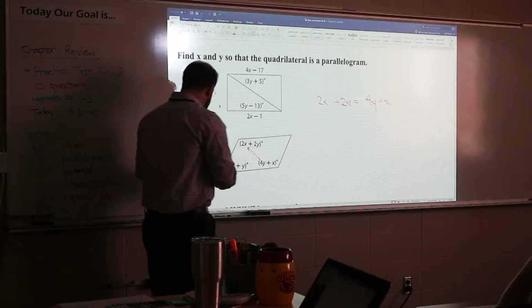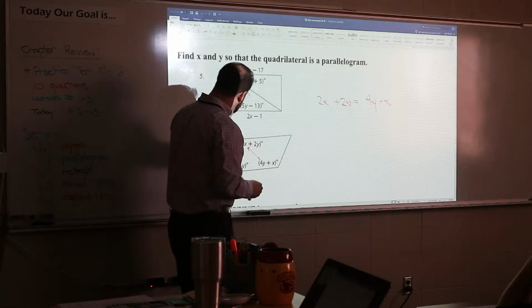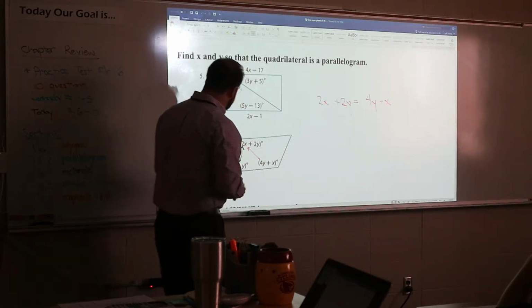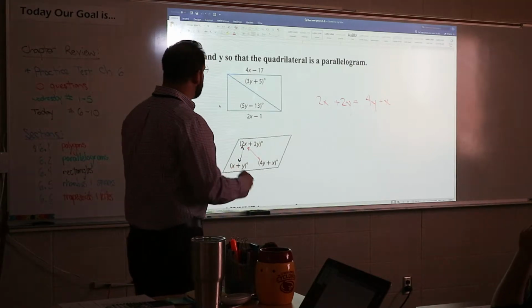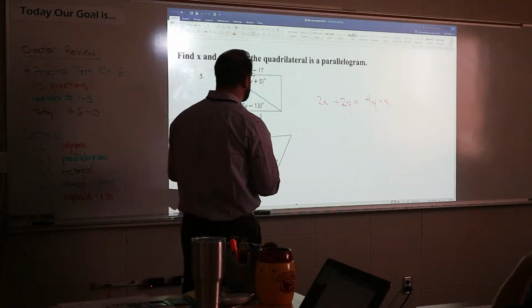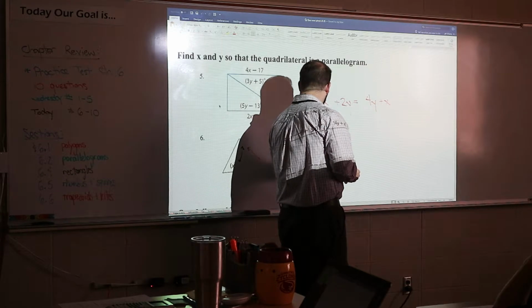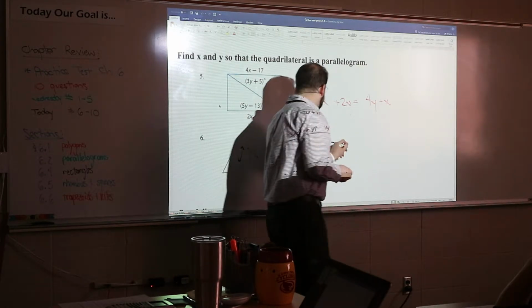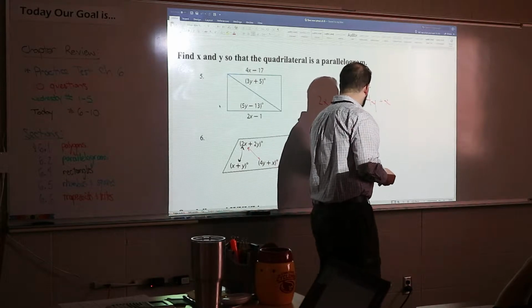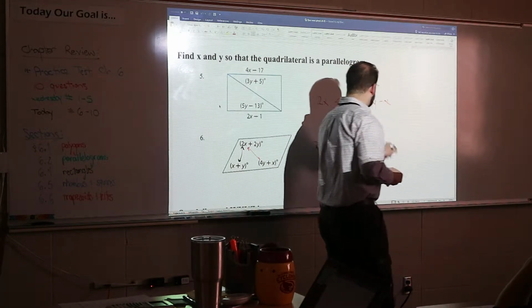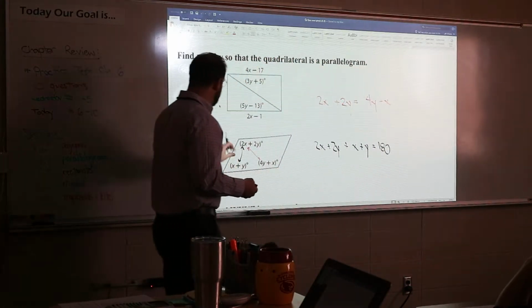The other equation uses these two right here that are side by side, because those two have to add up to be 180. So that could be my secondary equation. If I add the 2x plus 2y plus the x plus y, that has to equal 180. Those are same side interior angles.